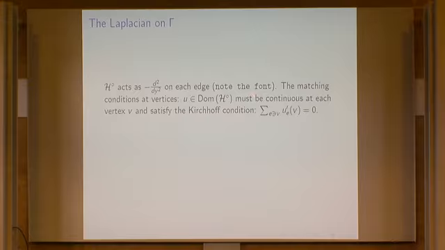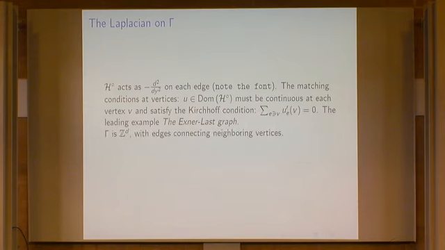The operator requires also matching conditions at the vertices. The functions where it is defined should be twice differentiable on each edge inside. And the matching conditions are that the functions in the domain of the operator must be continuous at each vertex and satisfy the Kirchhoff condition. This is the most natural one, but not necessarily; one can write something more general. So the leading example here is called the Exner-Lass graph.